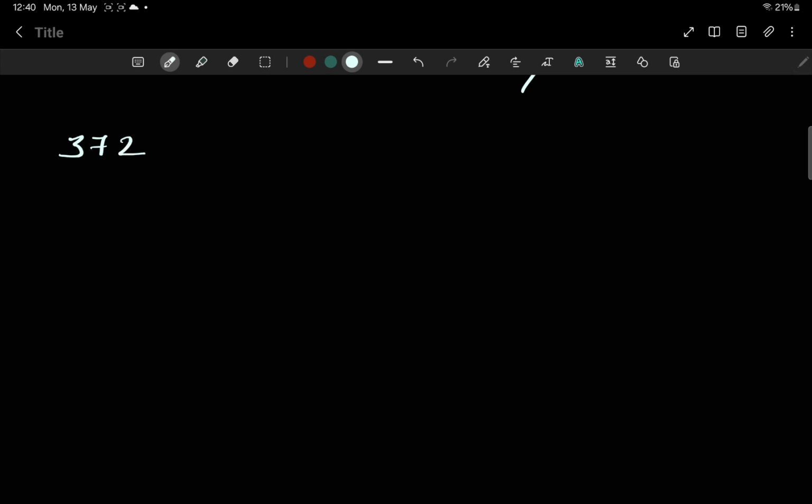Let me take one more example, 372. Here also the last digit is 2, so it is divisible by 2. And let me add the digits, 3 plus 7 plus 2, which is equal to 12.